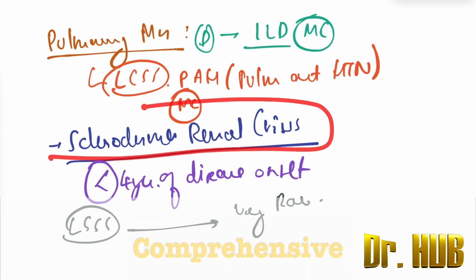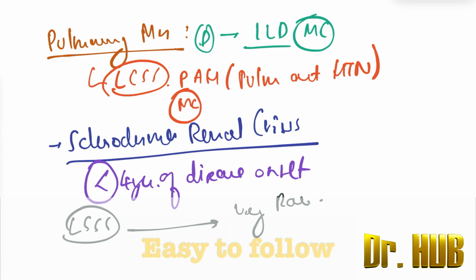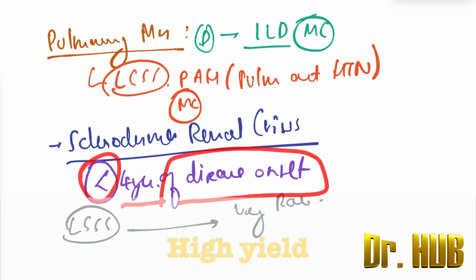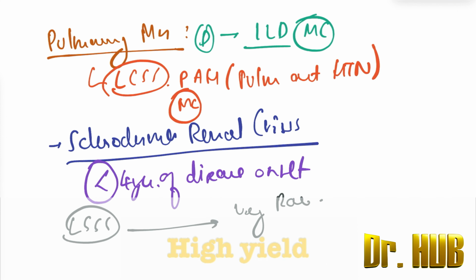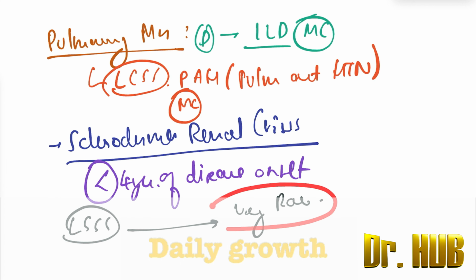Then the scleroderma renal crisis, in terms of the DCSS, occurs less than 4 years from the disease onset, and in terms of the LCSS, it is very rare.